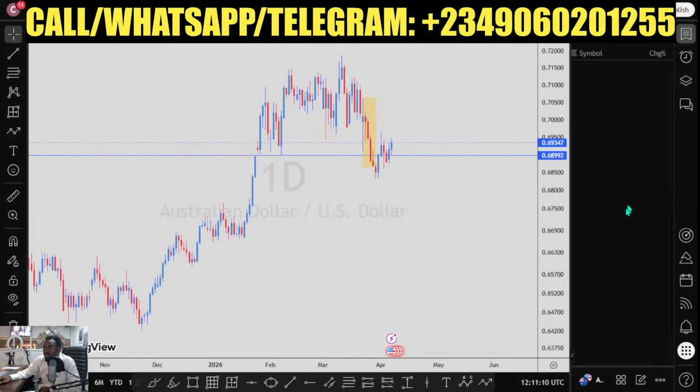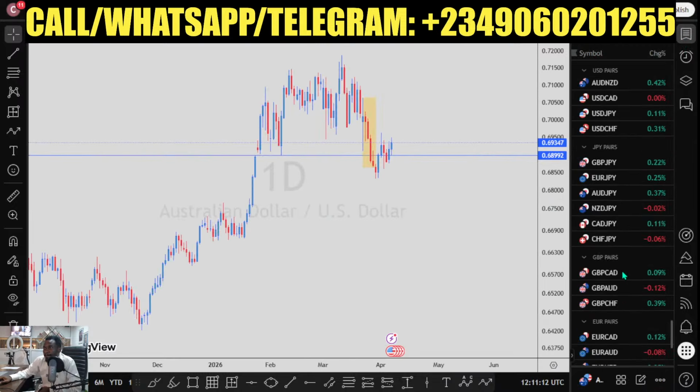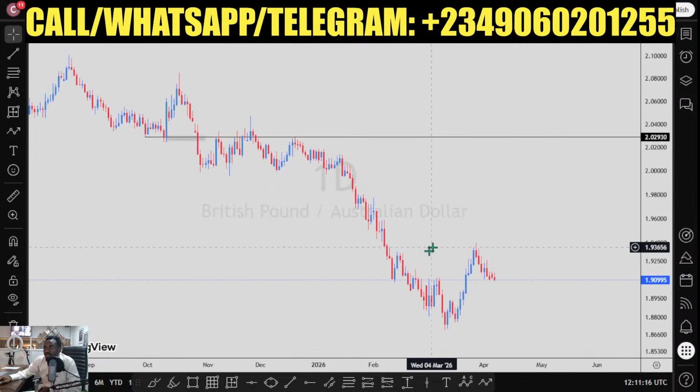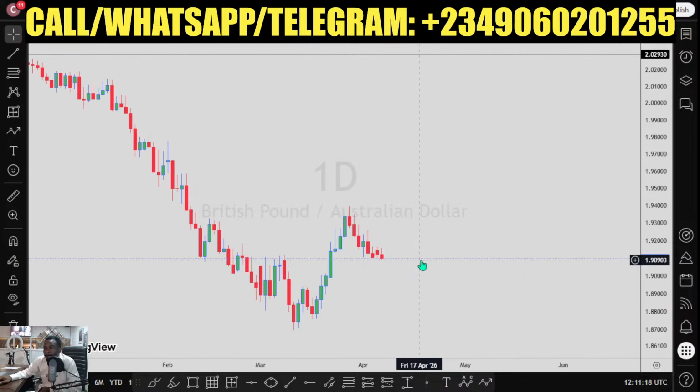Let's quickly check out GBP AUD. There are some structures we have to monitor as a trader here. 1, 2, we swept this low.